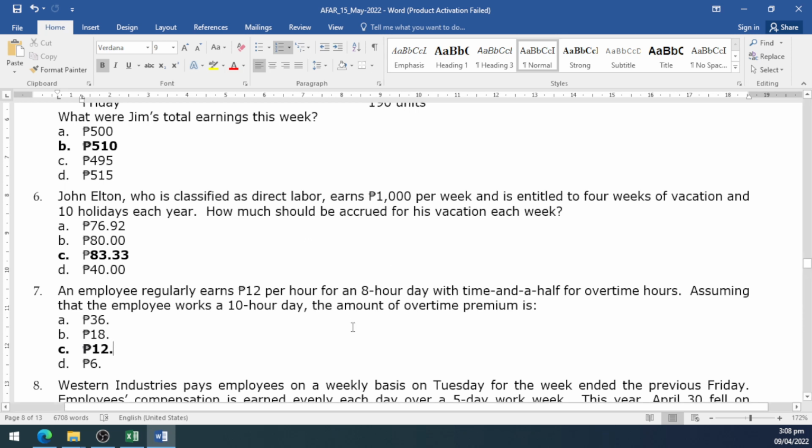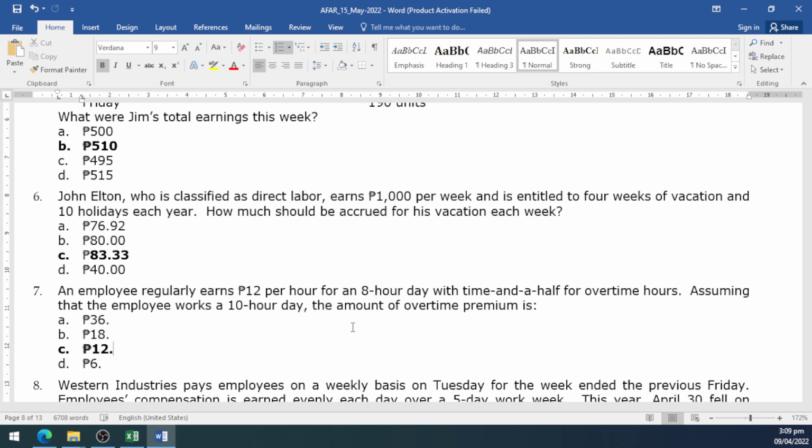Yung premium, yung dagdag. Halimbawa, ang regular rate 12. Pero ang overtime rate, time and a half. 150% ng 12. 18 yun, ano? Yung 6, yun ang premium. Eh, kung 2 hours yung overtime, ang premium mo, overtime premium, 2 times 6, 12.